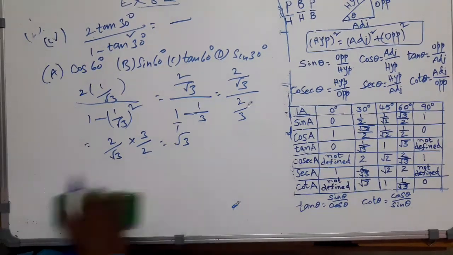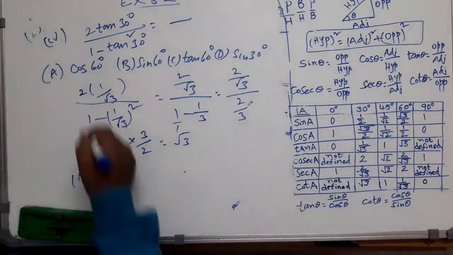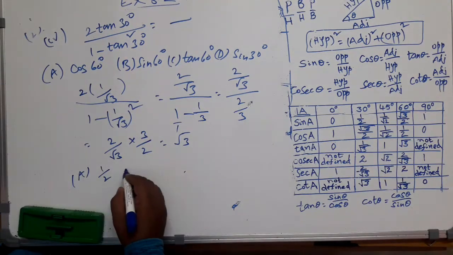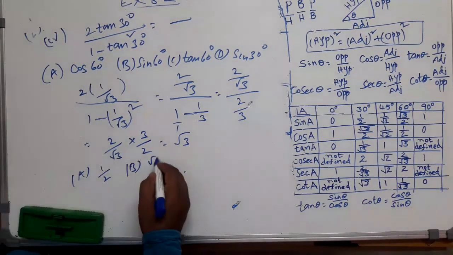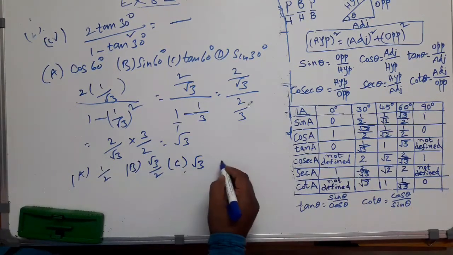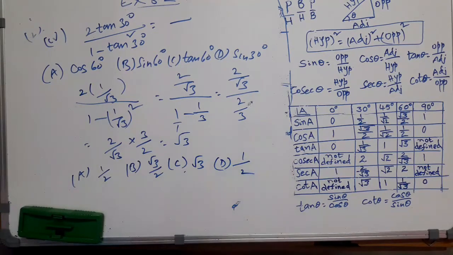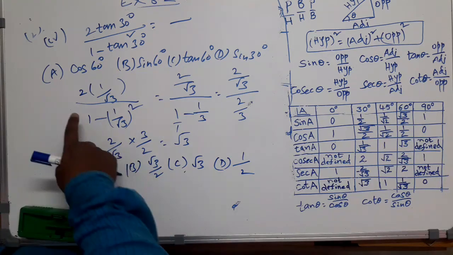Which option will be appropriate now? Option A is cos 60 degrees, that is 1 by 2. Option B, sin 60 degrees, that is root 3 by 2. Option C is tan 60 degrees, which is root 3. Option D, sin 30 degrees is 1 by 2. Where have you gone wrong?